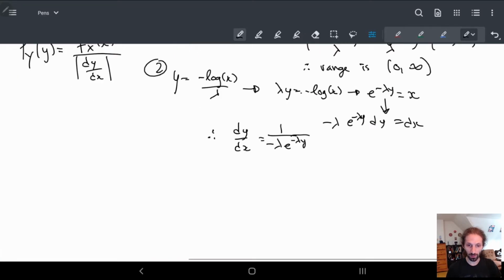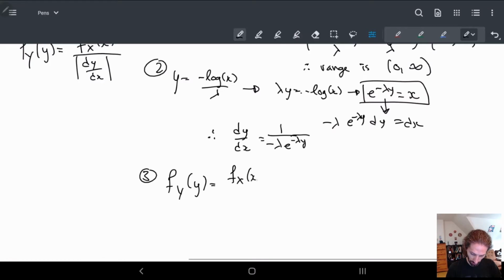Okay, so if we plug this in, and we also have a value for x, what do we end up getting? We plug this in, so f of y is equal to f of x over the absolute value of dy over dx, right? This is the equation. So here we're going to plug in dy over dx.